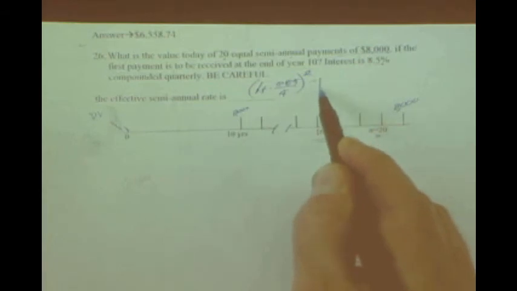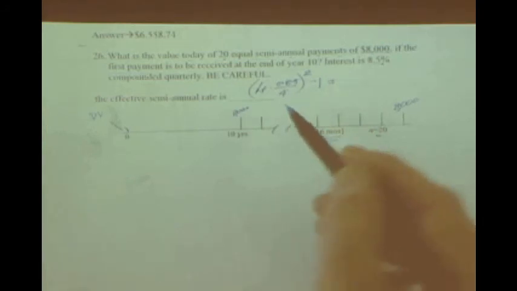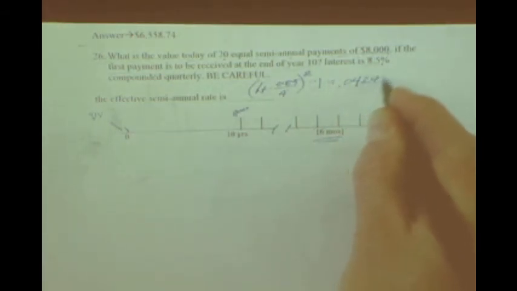Subtract 1 to get the interest rate back. What answer are we looking for? About 4.25%, plus a little bit for compounding. That's what we'll put in our annuity equation.